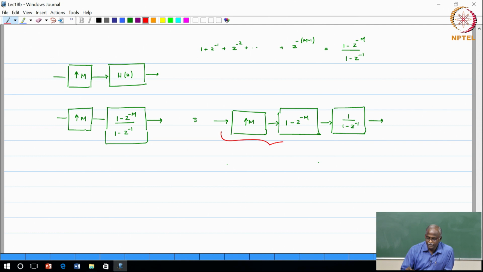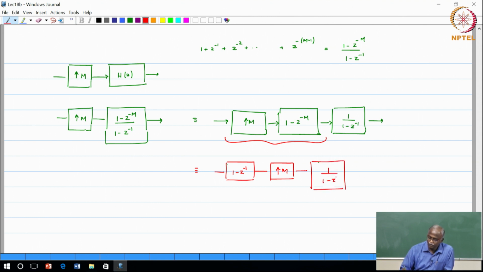Now, I combine these two to get a very convenient structure, which is given by 1 minus z inverse, upsample by a factor of m, followed by 1 over 1 minus z inverse. Okay. And of course, you can see that we can do the same thing if you are doing the downsampling, it will be on the other side. You can move these things around.